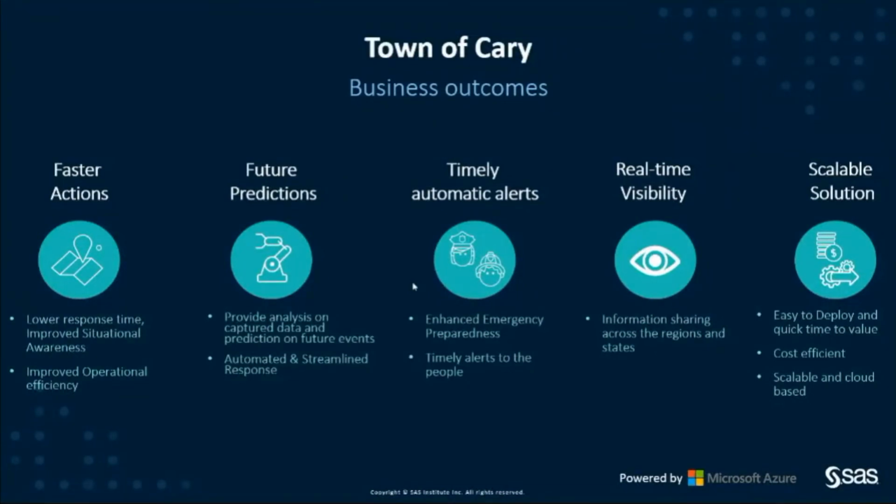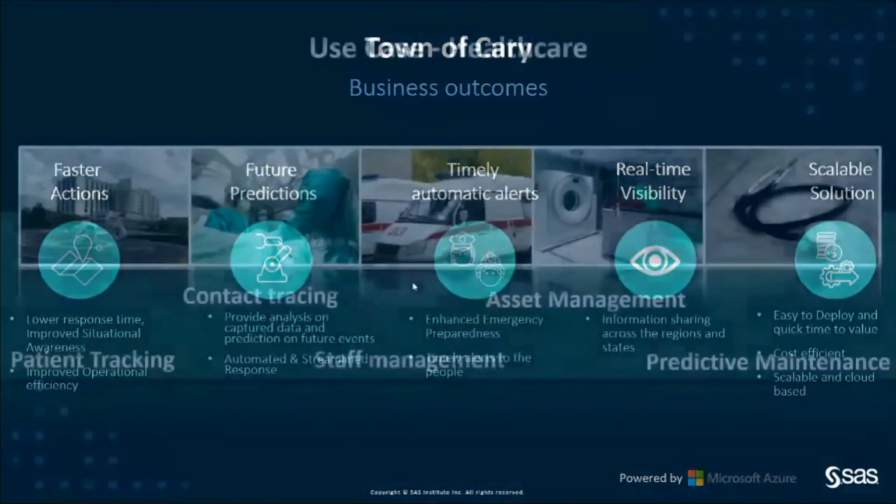We could predict where the flood would happen and send timely alerts to the people. We get real-time visibility, and the solution is highly scalable, so it can take not only the town of Kerry but the neighboring places. It's also a reusable solution, so it can be deployed anywhere where we have flood-prone zones.